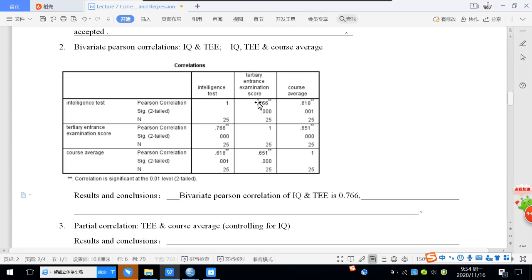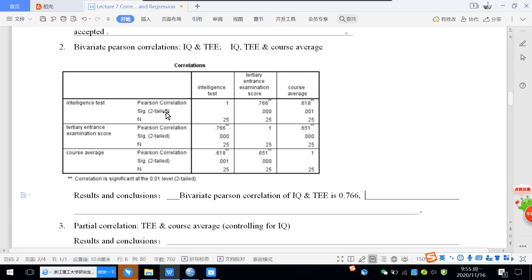Okay, and next, it's important to see here we have two stars, right? If it has two stars, it shows the correlation is significant at the 0.01 level. If it has one star, then it shows the correlation is significant at the 0.05 level. Okay, now look at here.